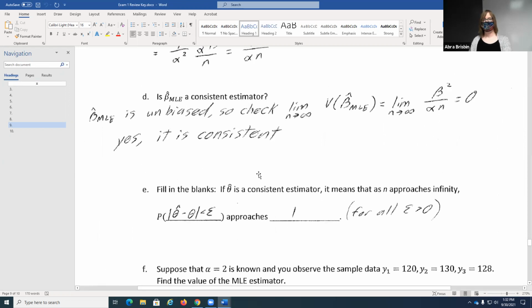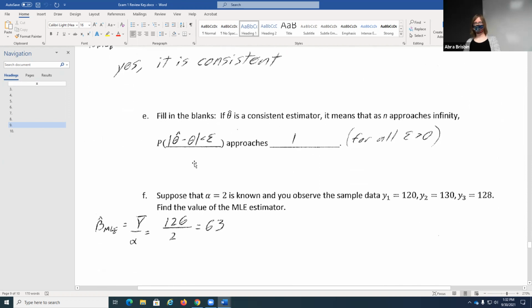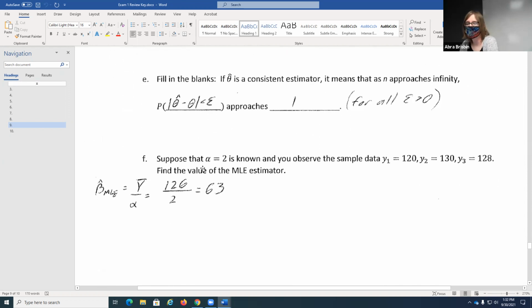All right. Parts D and E are talking about consistent estimators, which we'll talk about in class tomorrow. And then suppose that alpha equal to 2 is known, and you observe these sample data, so 3 observations. Find the value of the maximum likelihood estimator.